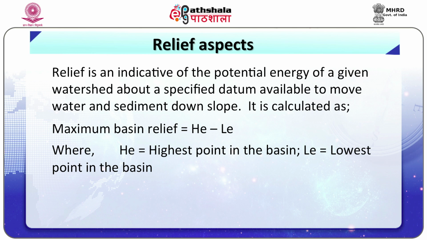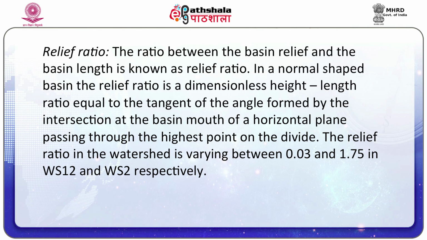Relief is an indicator of the potential energy of a given watershed about a specified datum available to move water and sediment downslope. It is calculated as relief ratio. The ratio between basin relief and the basin length is known as relief ratio. It is normally used for shaping the basin. The ratio is a dimensionless height minus length ratio equal to the tangent of the angle formed by the intersection of the basin mouth with a horizontal plane passing through the highest point on the divide.